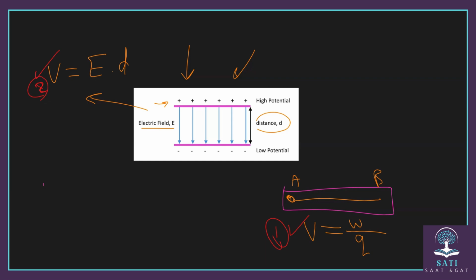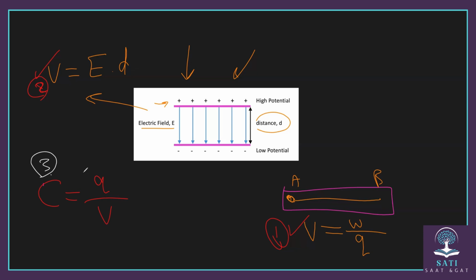The third formula is related to the capacitor, and we can understand what the capacitor is. The capacity of the capacitor equals Q, which is the charge, over the voltage, V. This is the third formula for the voltage, the potential difference.